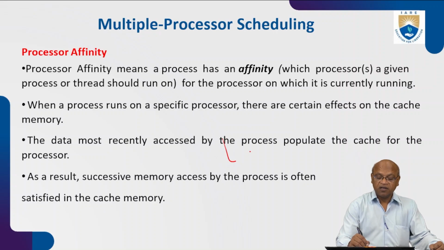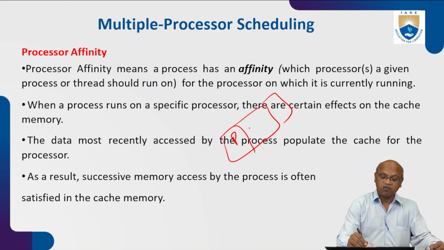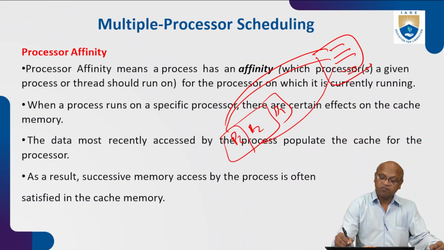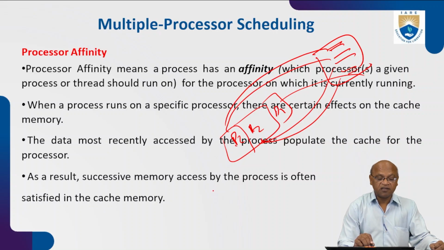As we know, these are our multiprocessors: processor 1, processor 2, processor 3, and this is our program that we are going to execute. Some instructions will be allotted to processor 1, some to processor 2, and so on. So when a process runs in a specific processor, there are certain effects on time and the cache memory.